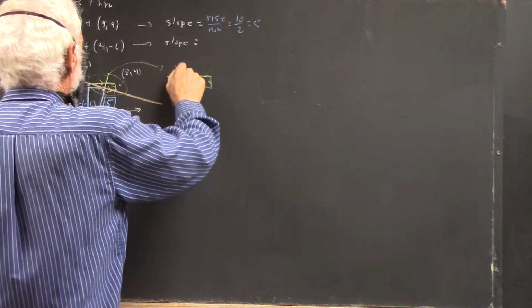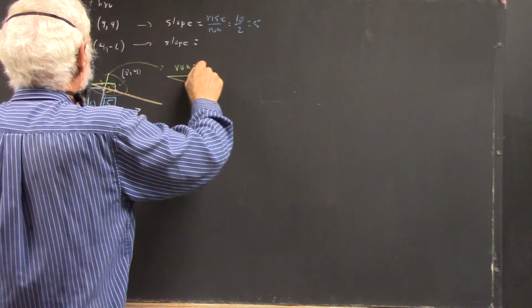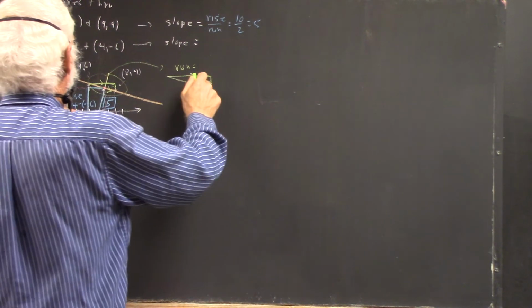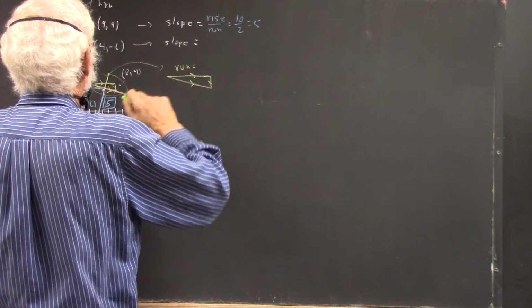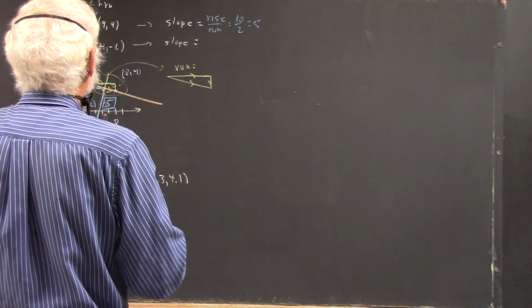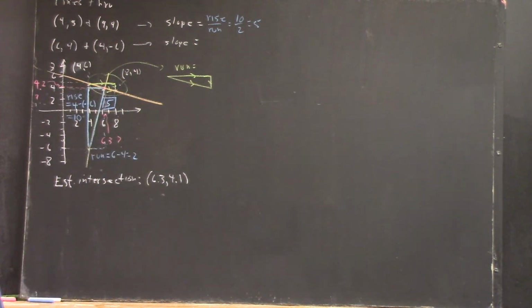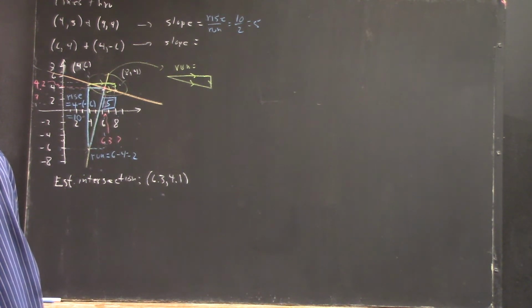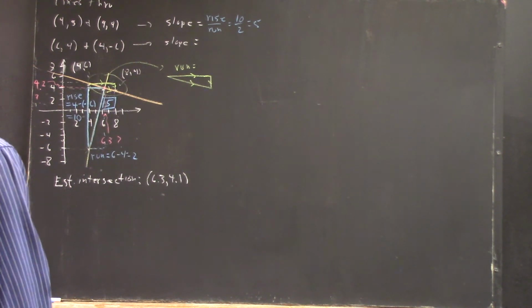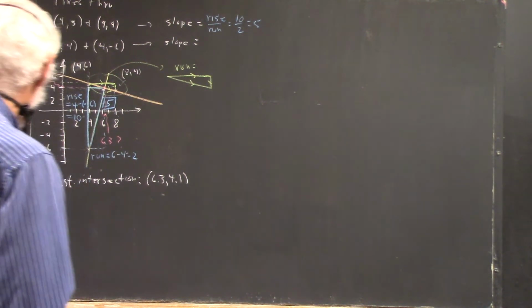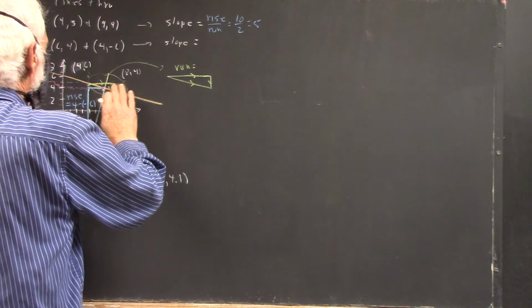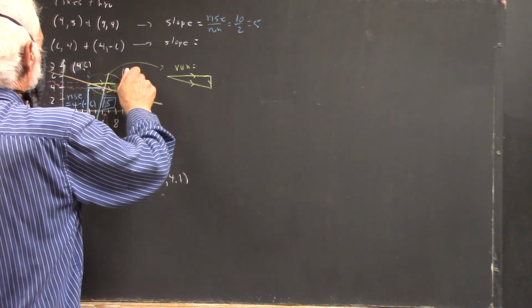Okay, so the run is 8 minus 4. I don't have a .84, I have a .94. Well, this makes everything a little less accurate. The point should be 9.4.